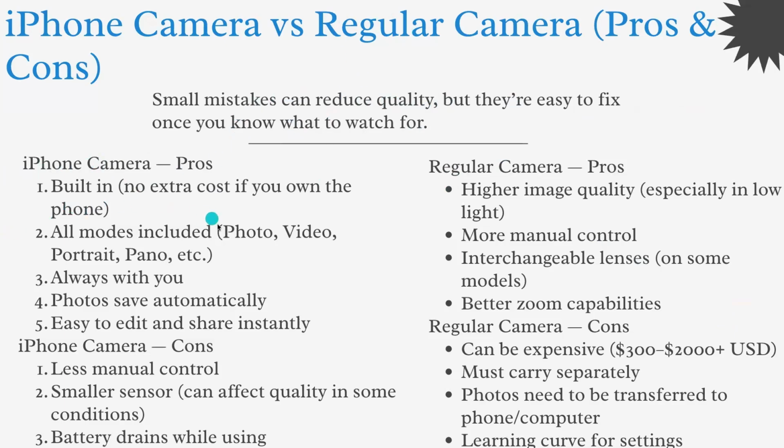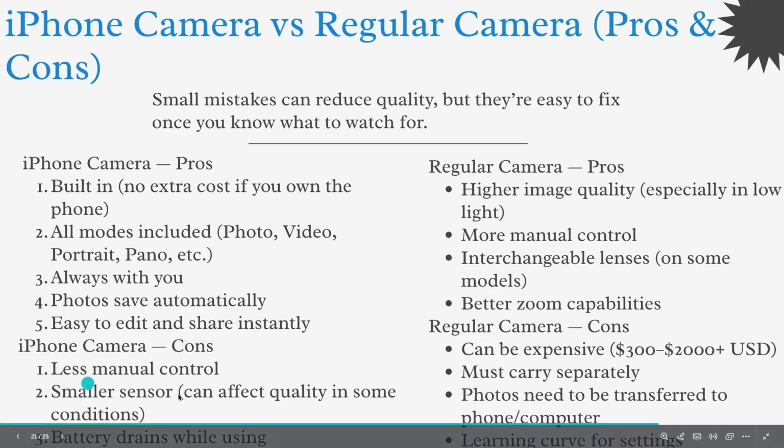It's built in and it's no extra cost if you own the phone. All modes included. Your phone is always with you. Photos save automatically, easy to edit and share instantly. Cons include less manual control, smaller sensor.